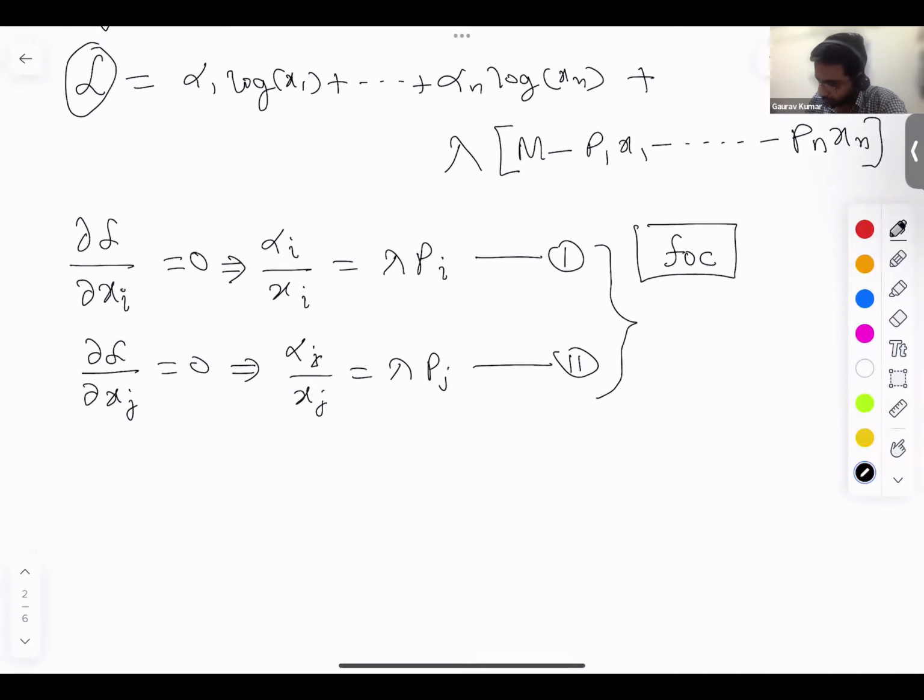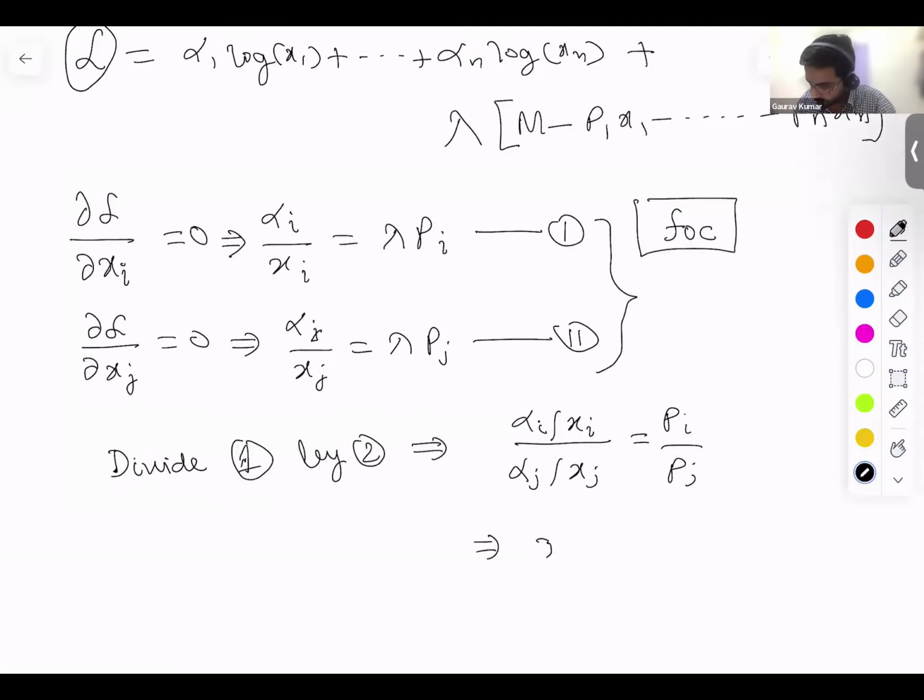Now just divide 1 by 2 and you get alpha i by xi divided by alpha j by xj is equal to pi by pj. Now let's write one good in terms of the other good.